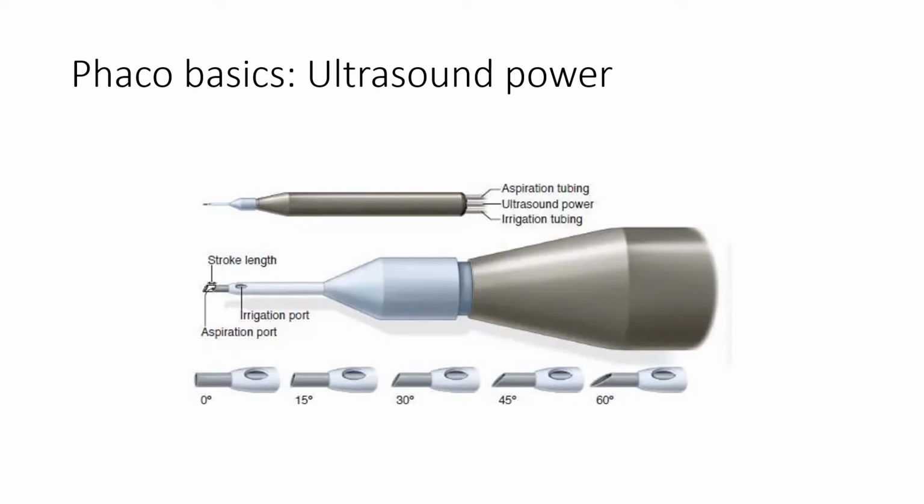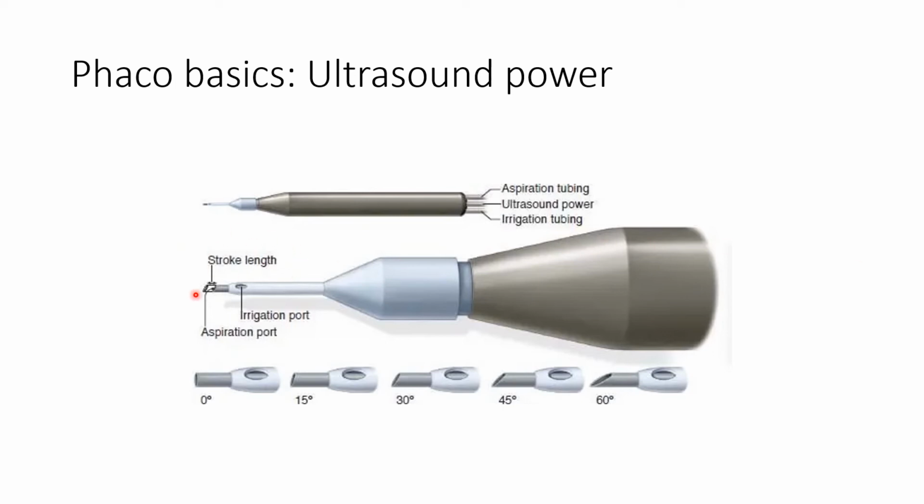Another important thing is ultrasound power, which is delivered using a silicon or quartz crystal. We know that when alternating current is applied over the quartz crystal, it vibrates, and this crystal provides the driving force for the vibration of the tip, which is known as stroke length.